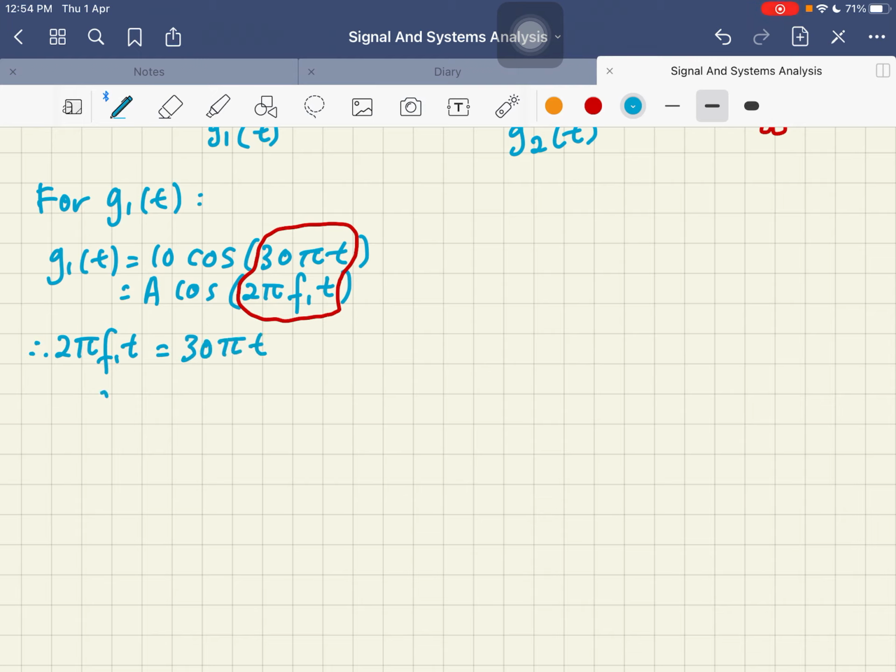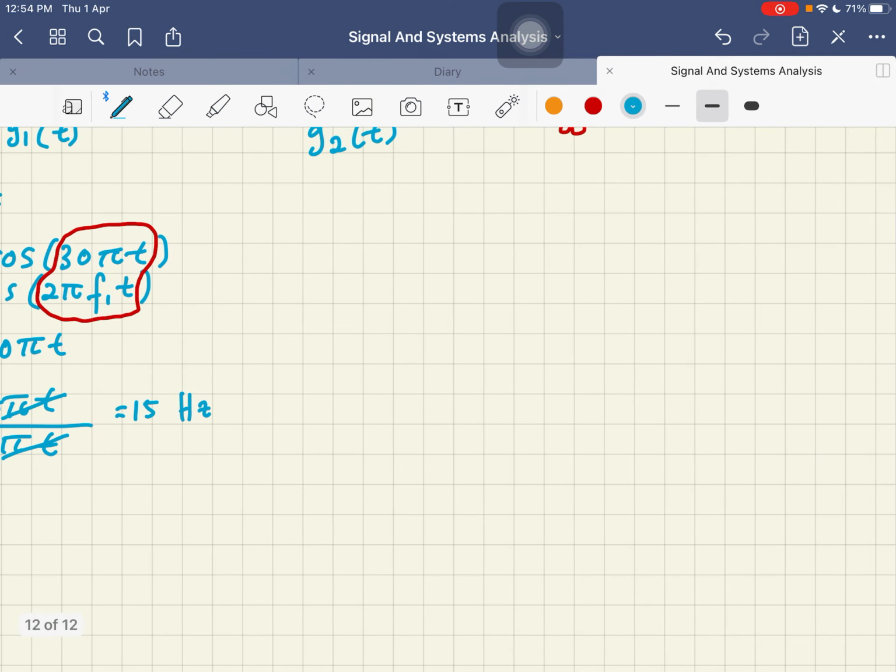So we can calculate f1, which equals 30 pi t over 2 pi t. So these two cancel out and this will give me 15, right? So I have 15 hertz. Which means T1 is 1 over 15 second.